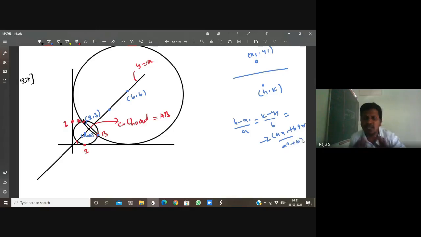You already studied it. Here it is not required, no need to apply the image of a point formula.